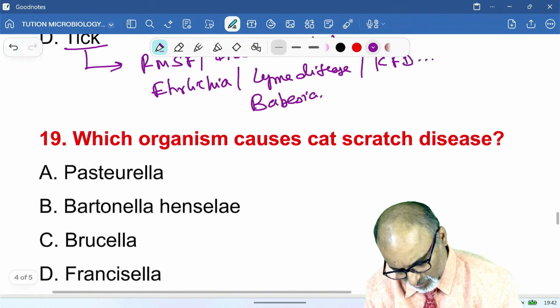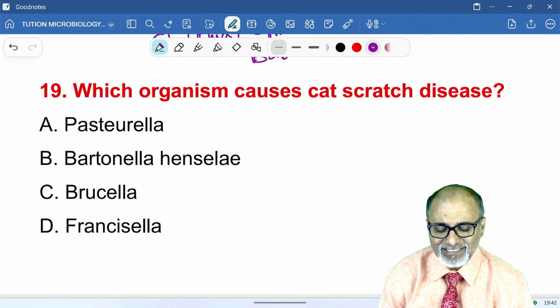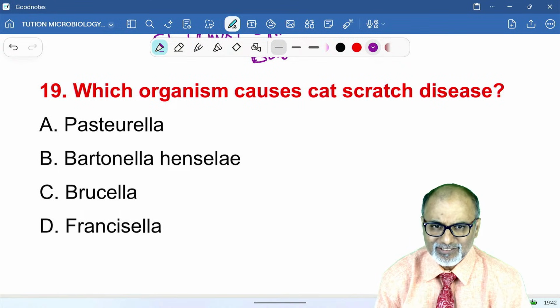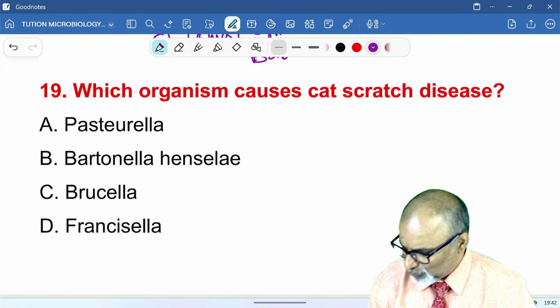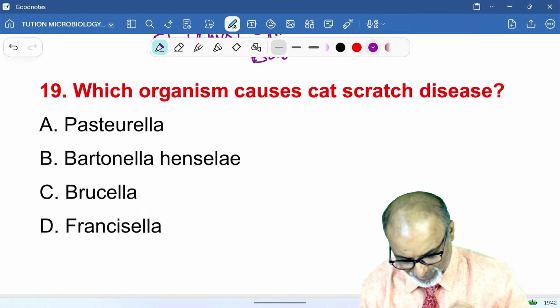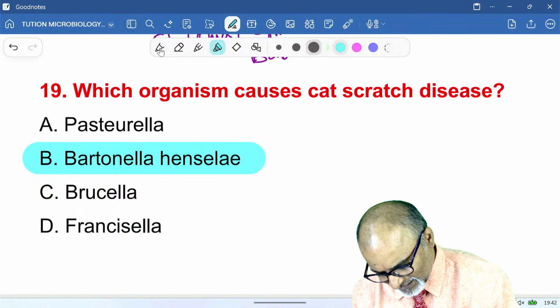Which organism causes cat scratch disease? Just now I told, cat scratch disease is caused by Spirillum minus. But that option is not here. Sorry. Which one causes cat scratch disease? Bartonella henselae causes cat scratch disease.